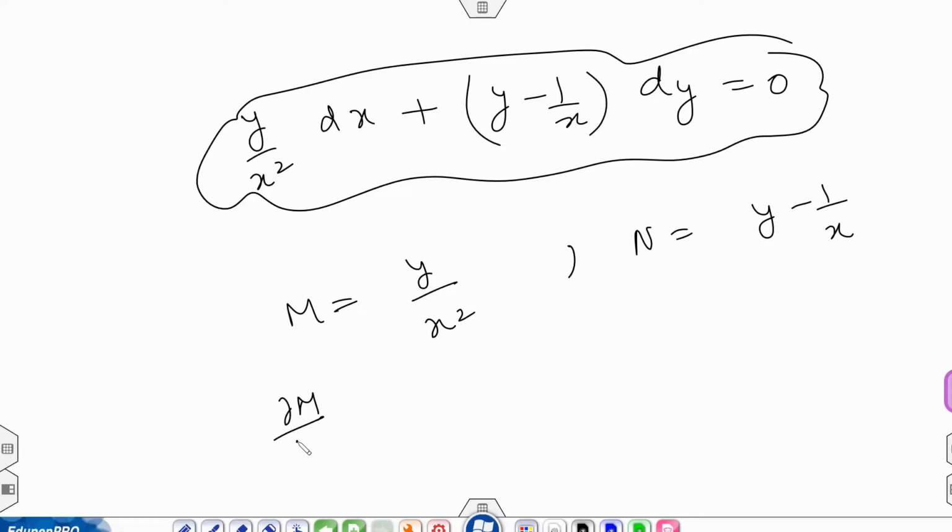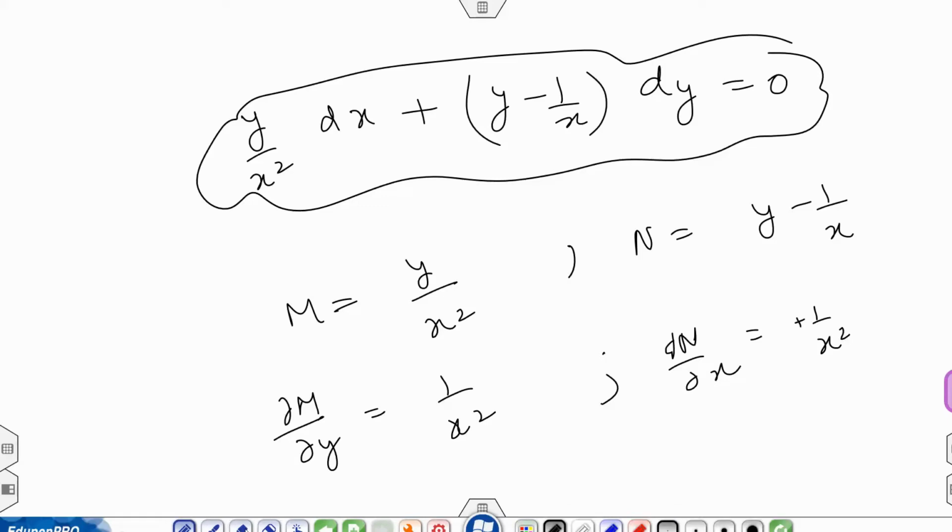Now ∂M/∂y gives 1 by x², and ∂N/∂x again gives plus 1 by x². So ∂M/∂y equals ∂N/∂x, and therefore this equation is exact.